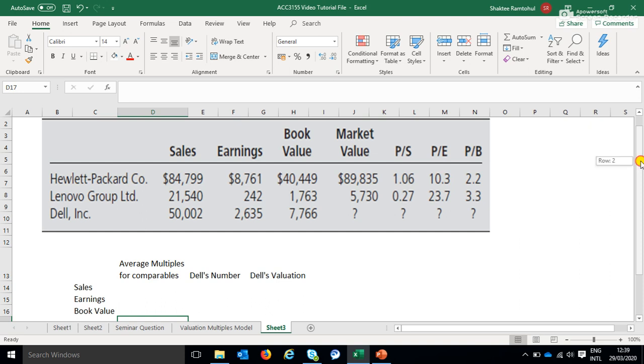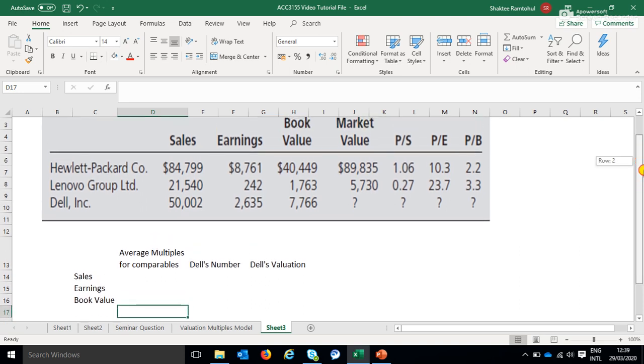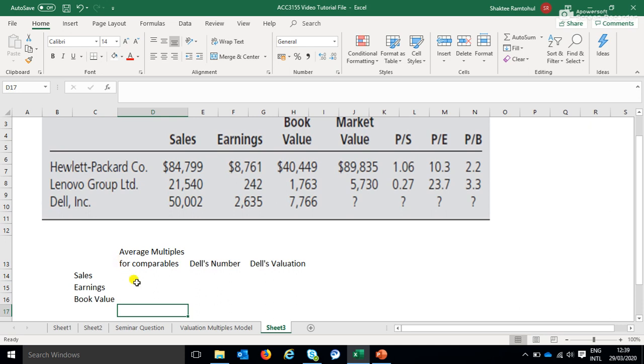But remember, because we want to be more accurate, we will work with averages. So how does that work? Let's see what we have for Dell. We have the sales figure for Dell, 50,002. We also have the earnings figure, 2635.